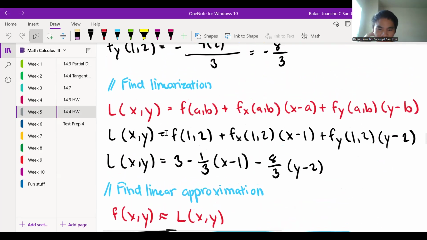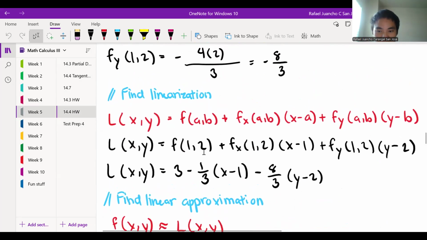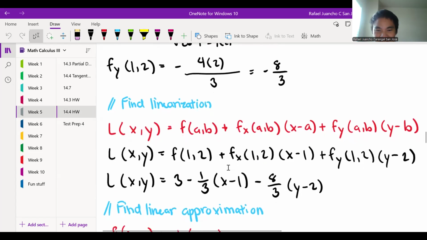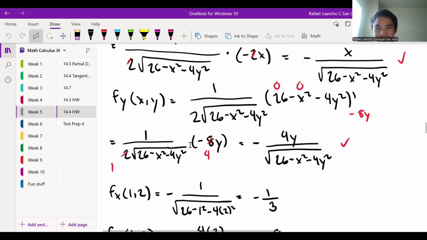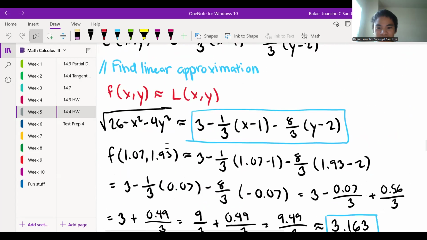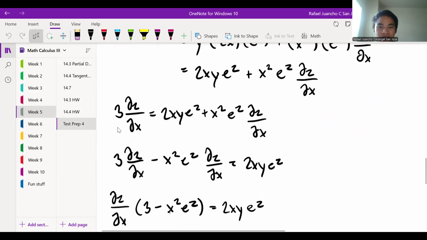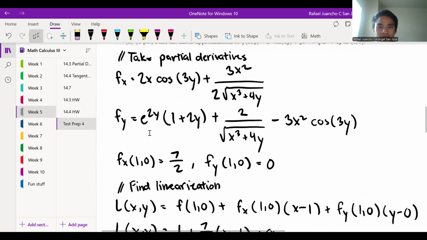Okay, so this is the part where I just don't know what to do after a test because I finished quite early. So I find linearization, right? I find their linear approximation. Well, I don't need to do that in this case, so kind of did that here.